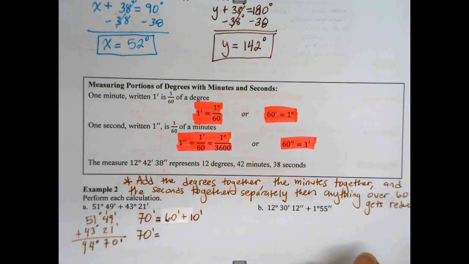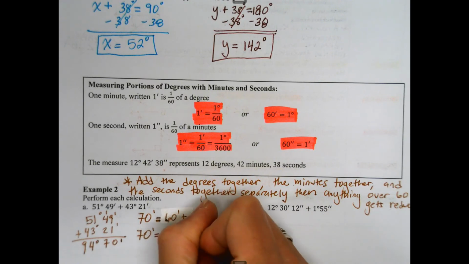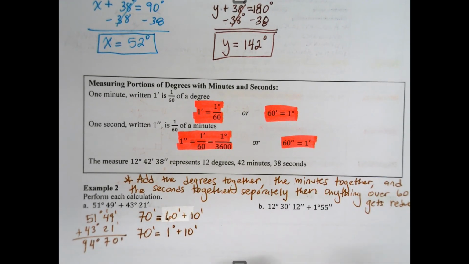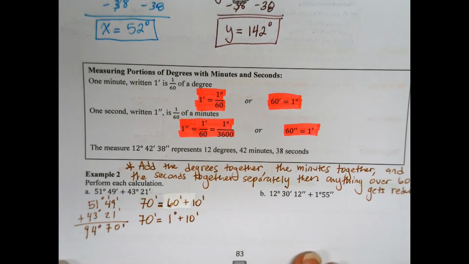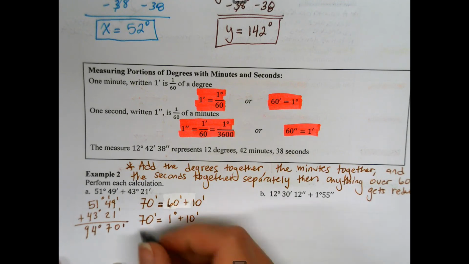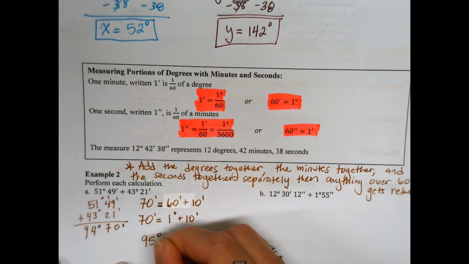And 60 minutes is equivalent to 1 degree. So therefore, 70 minutes is 1 degree and 10 minutes. We're going to rewrite this, therefore, as 95 degrees. We added this 1 degree to 94, and 10 minutes.